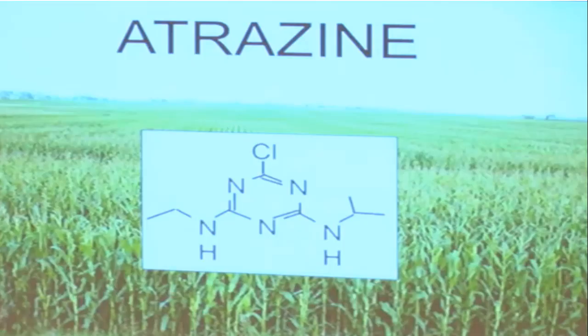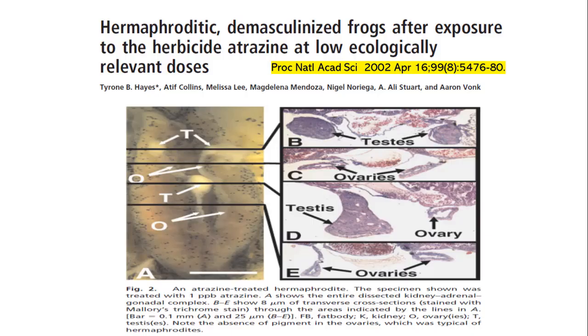In the US, atrazine has been the number one herbicide used in corn for many years, but now glyphosate has taken over that role. What happens to frogs exposed to atrazine? If we do a necropsy on the frogs, we can see that individuals become hermaphroditic.